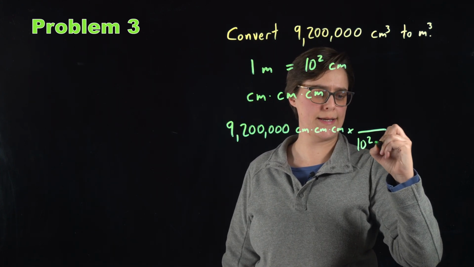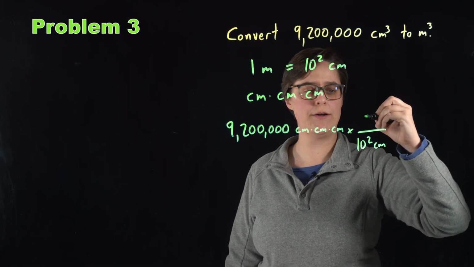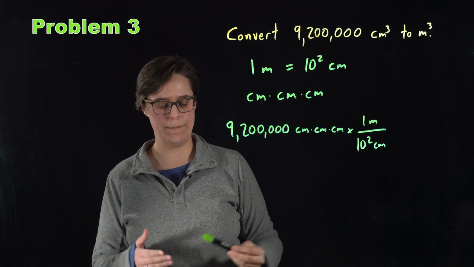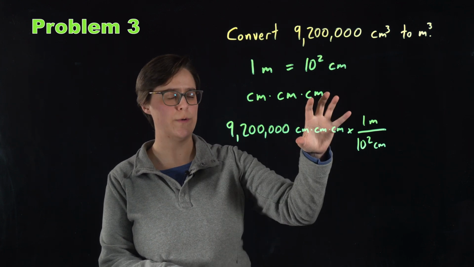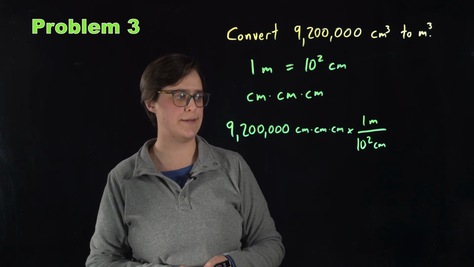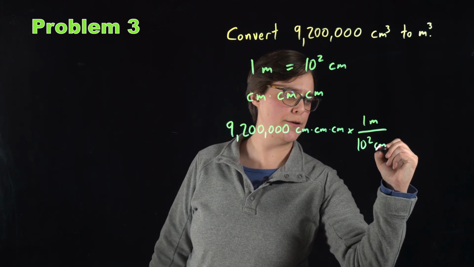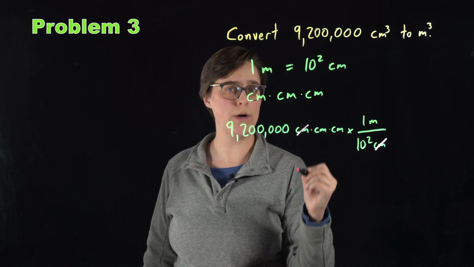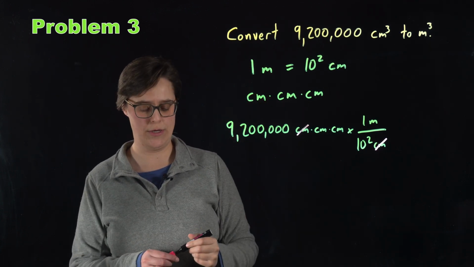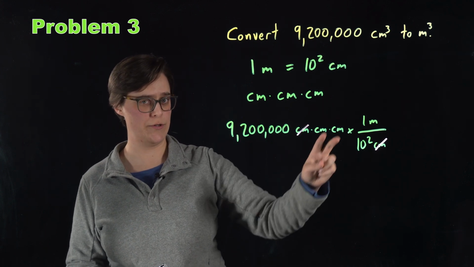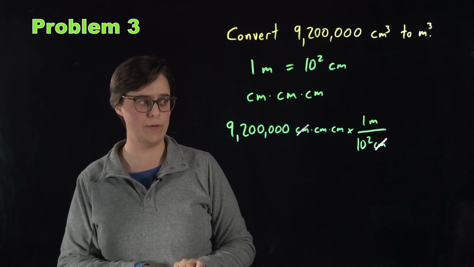So 10 to the second centimeters is in the denominator, 1 meter is in the numerator. But let's think about what would happen with this equation set up as is. I only have 1 centimeter in the denominator, so that's only canceling out with 1 of these 3 centimeters. If this is all I do, the units I'm left with are centimeters squared times meters. That is not what we want.